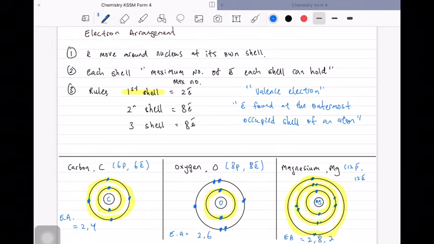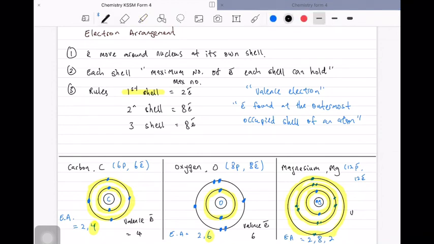For carbon, the valence electron is 4, because the outermost shell has 4 valence electrons. For oxygen, the valence electron is 6, because the outermost shell has 6 electrons.